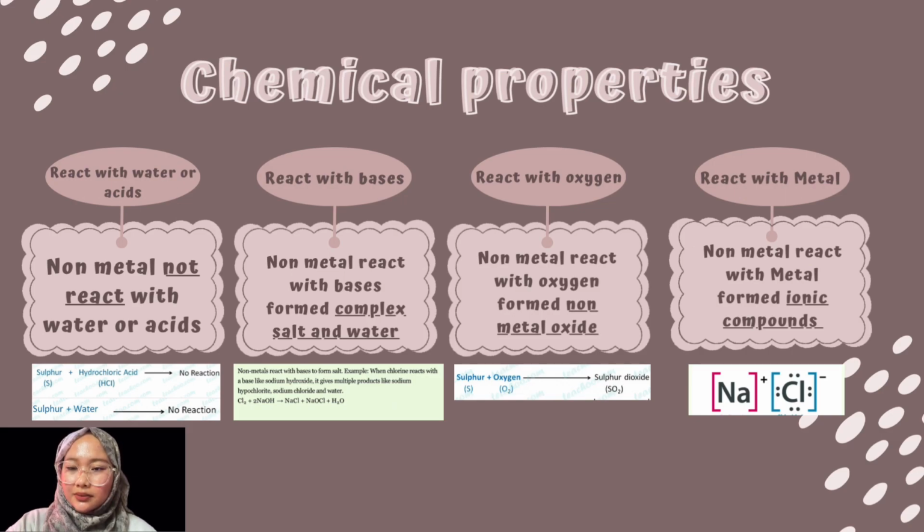For example, when chlorine reacts with a base like sodium hydroxide, it gives multiple products like sodium hypochlorite, sodium chloride, and water. Next, for the reaction with oxygen, non-metals react with oxygen to form a non-metal oxide. For example, sulfur reacts with oxygen to form sulfur dioxide. Lastly, reaction with metal. Non-metals react with metal to form ionic compounds such as sodium chloride.